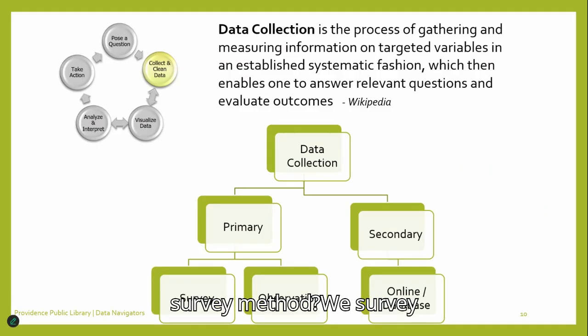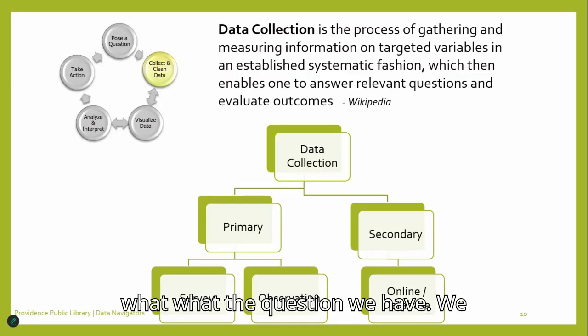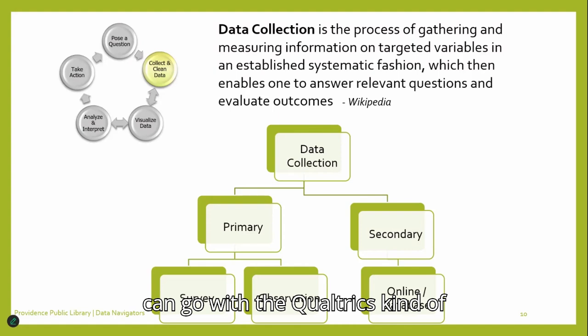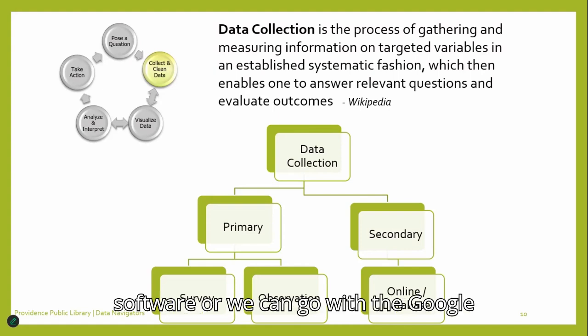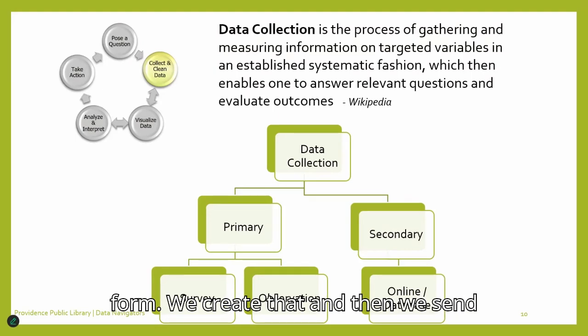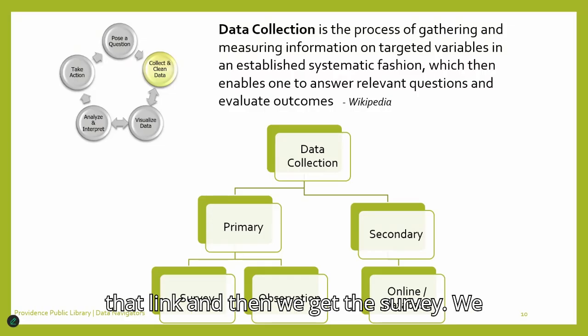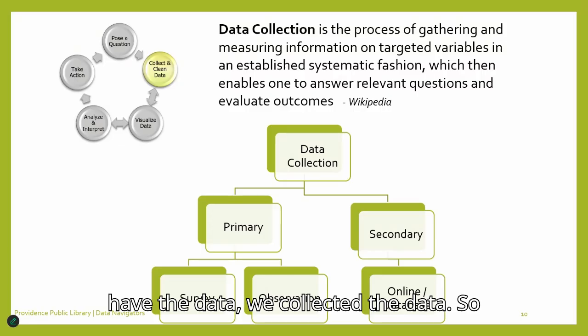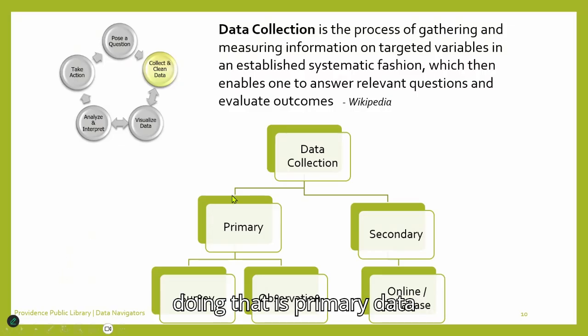So what is a survey method? We survey with the question we have. We can go with Qualtrics kind of software or we can go with Google Forms. We create that and then we send that link and then we get the survey. We have the data. We collected the data. So doing that is primary data collection.